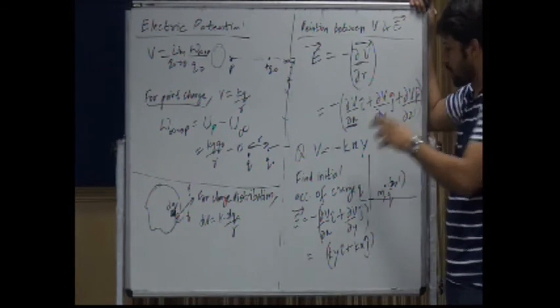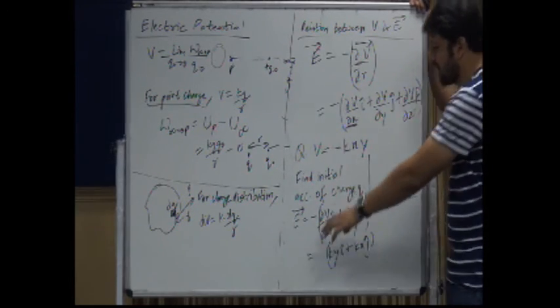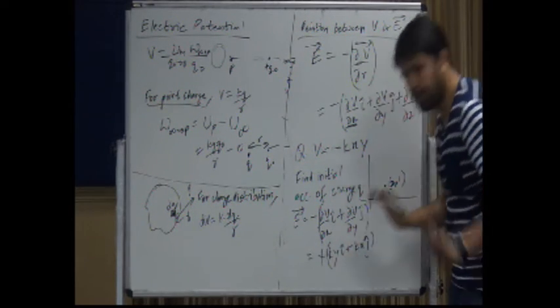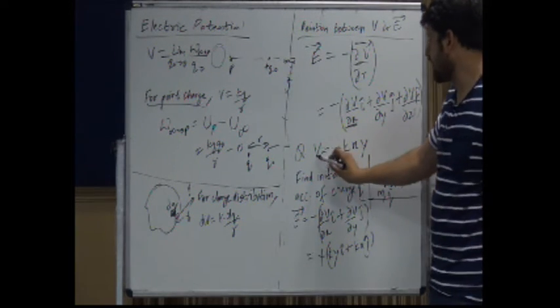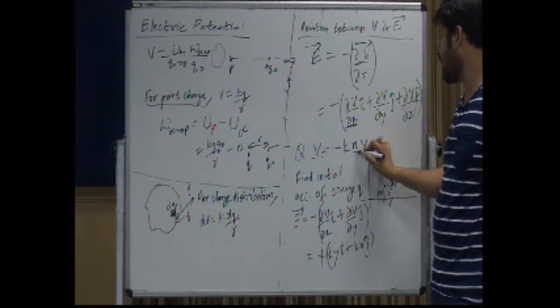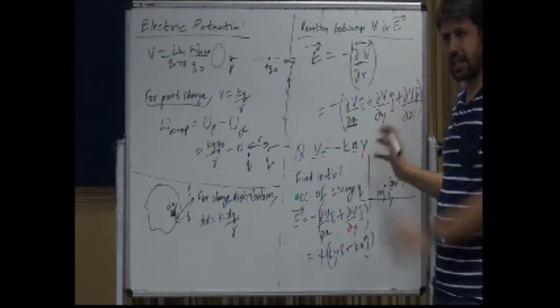Our potential is minus kxy. So this minus and this minus would cancel. Actually, the final result would be plus. Now let's differentiate. When you differentiate V with respect to x, y remains constant, ky would come out.